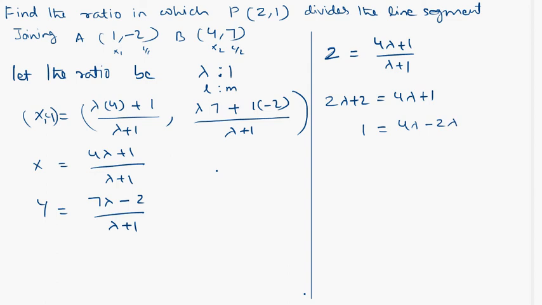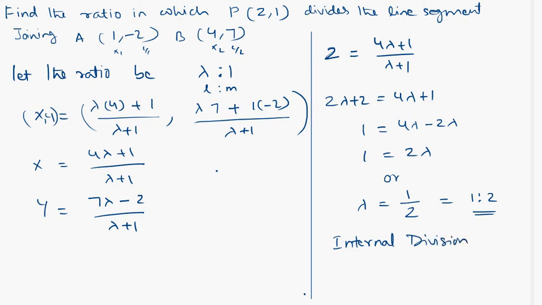I'm just simplifying this. 1 equals 2 lambda, or lambda equals 1 over 2, which is 1:2. Since the ratio is 1:2, the point P divides the line segment joining AB internally. So this is internal division, since the ratio is positive.